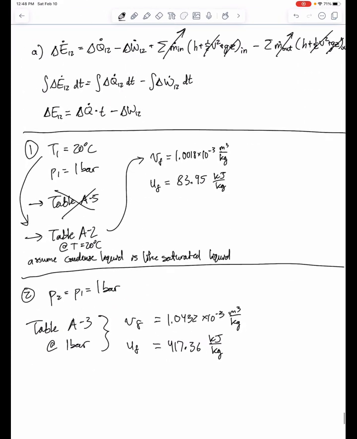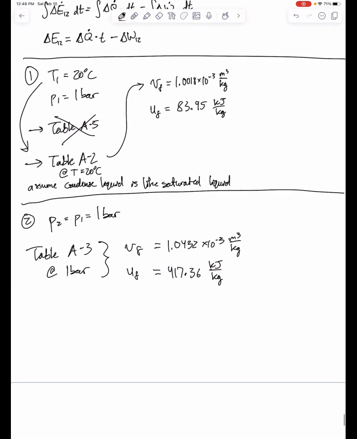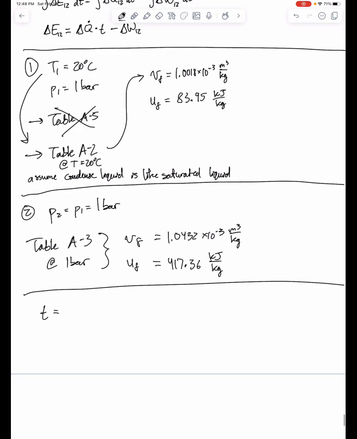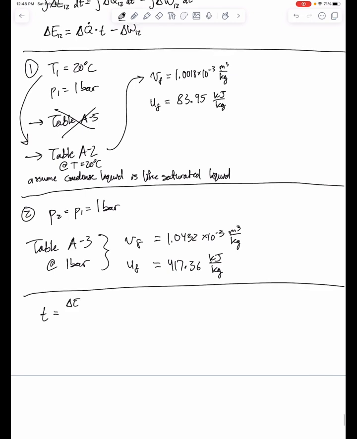I hope. So, coming back to the first law at the very top, I'm going to rearrange it so I can solve for time. The time is the change in total energy plus the work being done, divided by the heat transfer rate we're given. We can break this down to just mass.